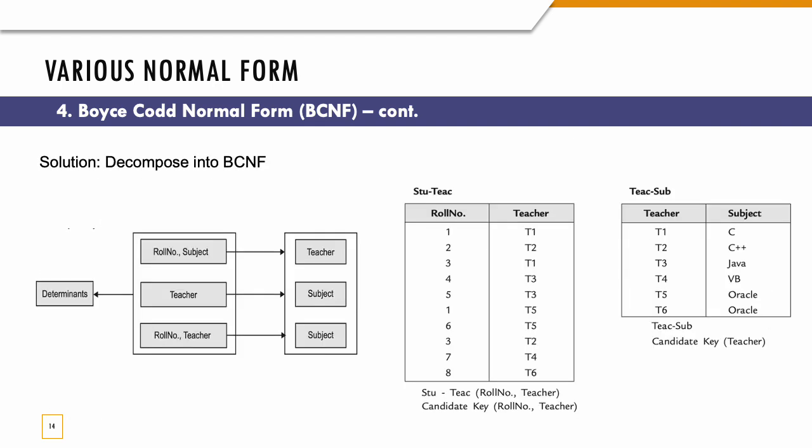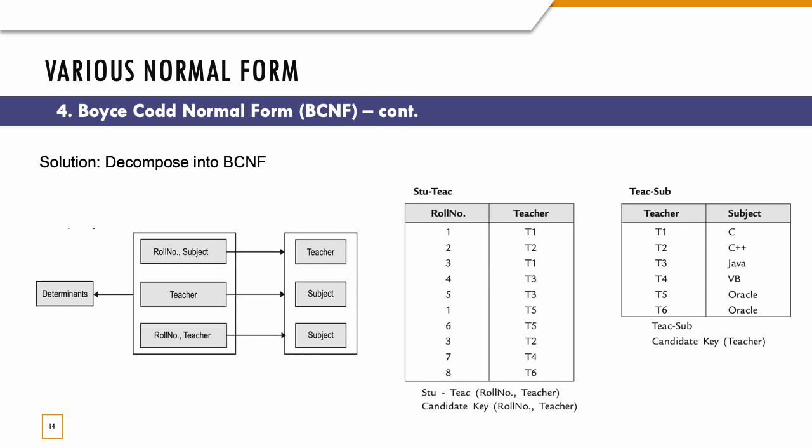So for a solution, we need to decompose into BCNF. To achieve BCNF, we need to split the student table to ensure that all determinants are candidate keys.